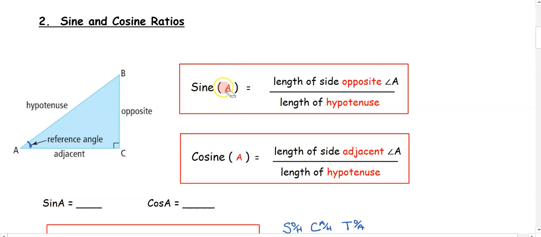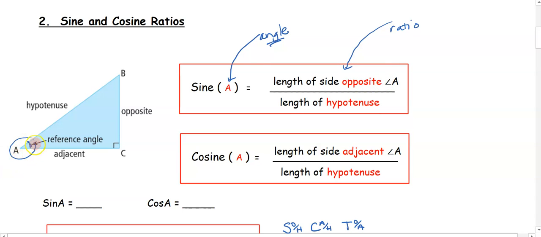So the sine of an angle, right? You always have to put an angle next to the ratio. There always has to be an angle there, the one you know, or the variable for the unknown angle. And then this side is always going to be a ratio, the division of the opposite, in this case, as compared to the hypotenuse.